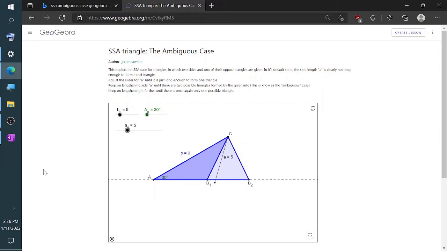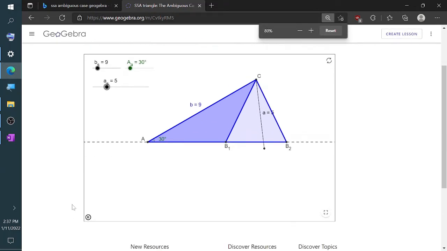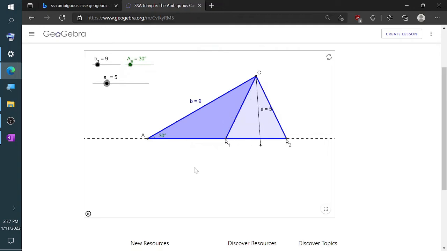I found a pretty cool tool online to actually visualize this situation. We were given data about angle alpha, here represented by capital A. Alpha equals 30 degrees. And we were given the length of the opposite side, A equals 5, and the length of one of the adjacent sides. In this picture, it's represented in the top left, which would force beta, here represented by a capital B, to live in the bottom right.